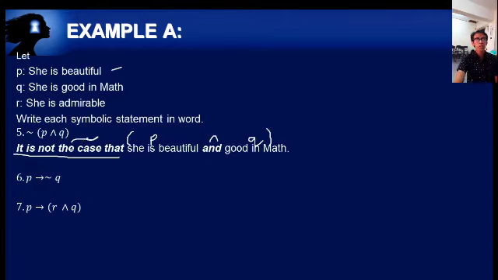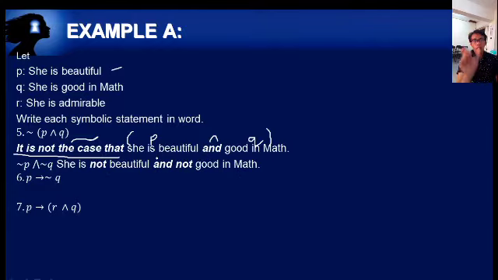So kung wala yung negation diyan, she is beautiful and good in math. Pwede rin ito, yung i-distribute mo yung negation symbol doon sa bawat letter, so magiging negation P and negation Q: she is not beautiful and not good in math. Pwede yung dalawang yan.